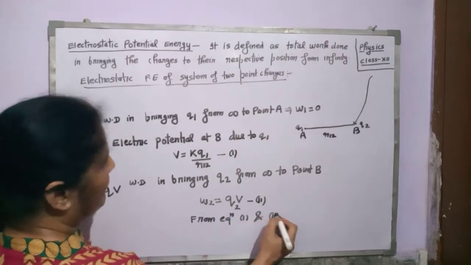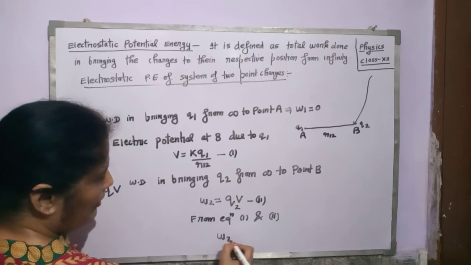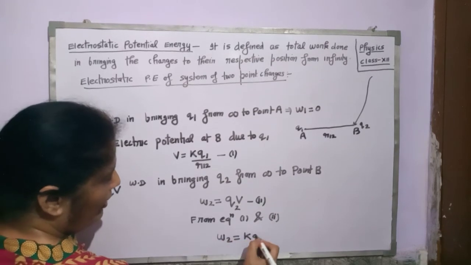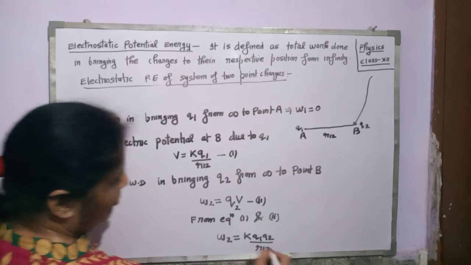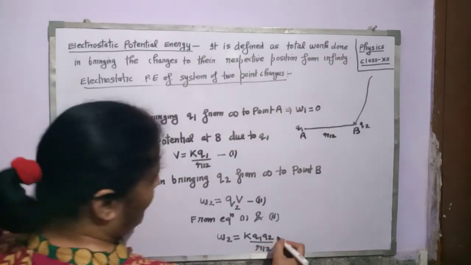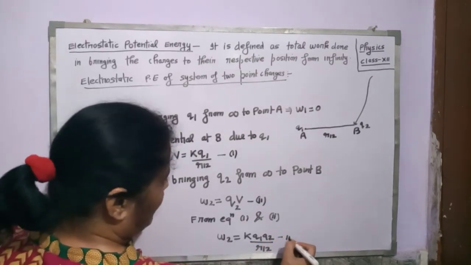We get W2 is equal to K Q1 Q2 upon R12. This is your equation number 3.